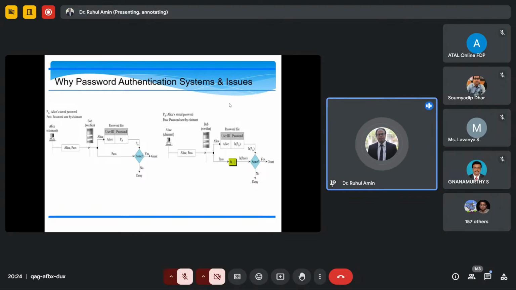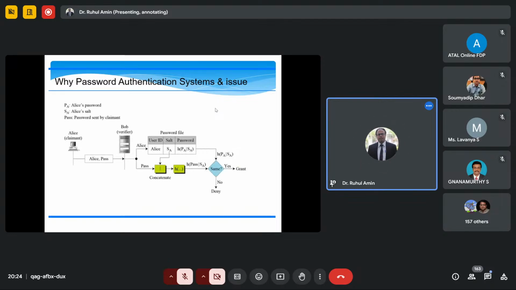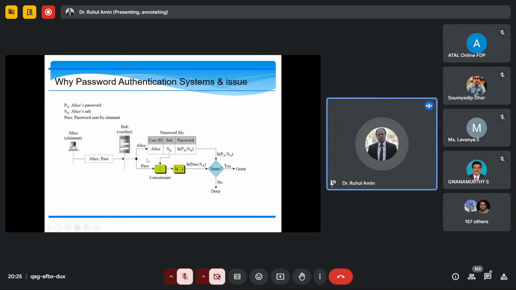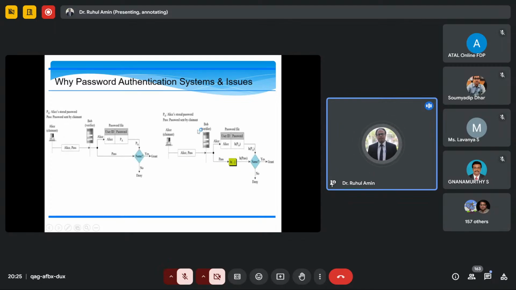But if it is high entropy information, that means a combination of several values, then it will be very much more difficult. So here it is providing some security on the password, and I want to provide more than this.